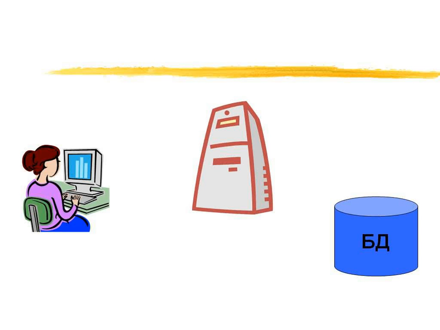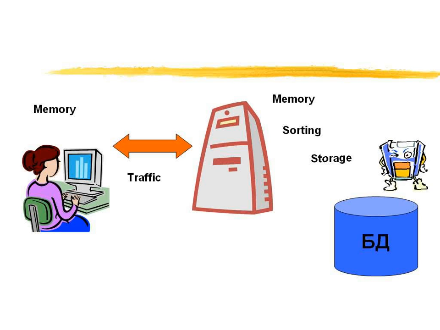Okay, let's speak about all of them. For a client application, the main thing is the memory and traffic between server and application. For the server, it's important memory, sorting, and what it's doing with the database.